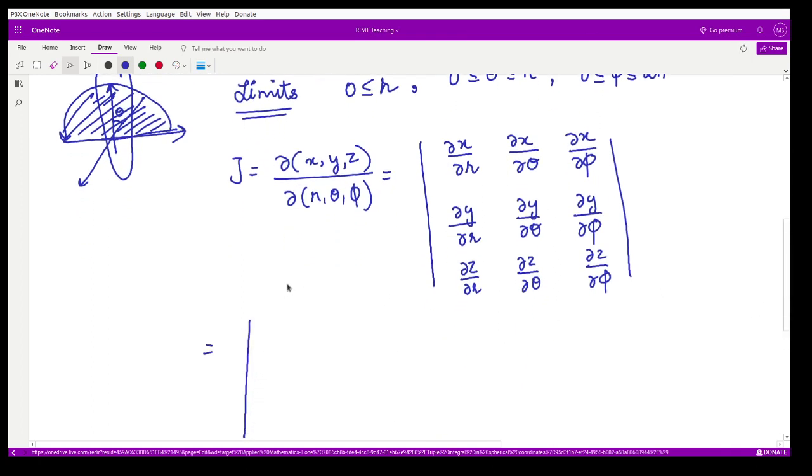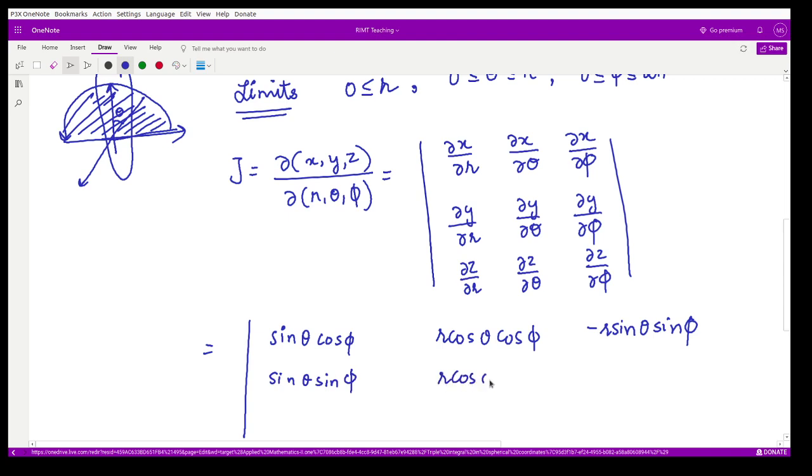Accordingly, we have the derivatives as sin theta cos phi, then r cos theta cos phi, and then minus r sin theta sin phi. Then for y, we have sin theta sin phi, then r cos theta sin phi, and then r sin theta cos phi.